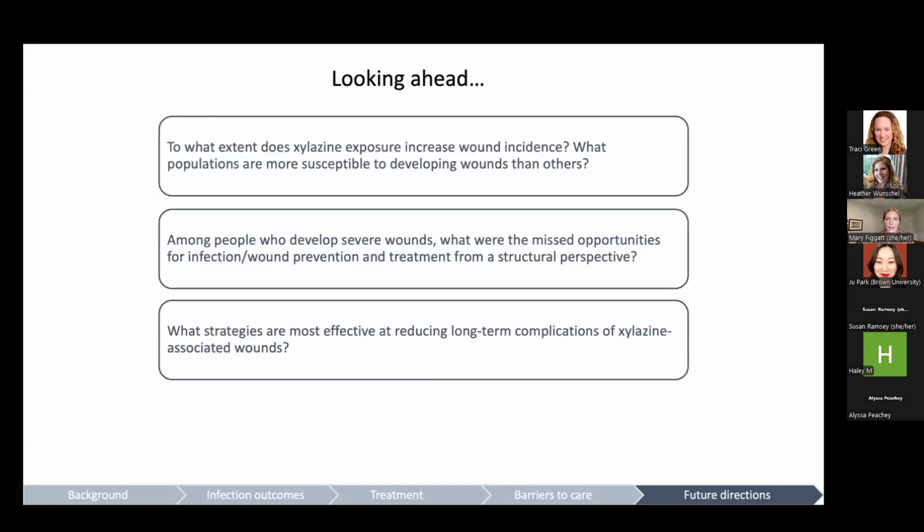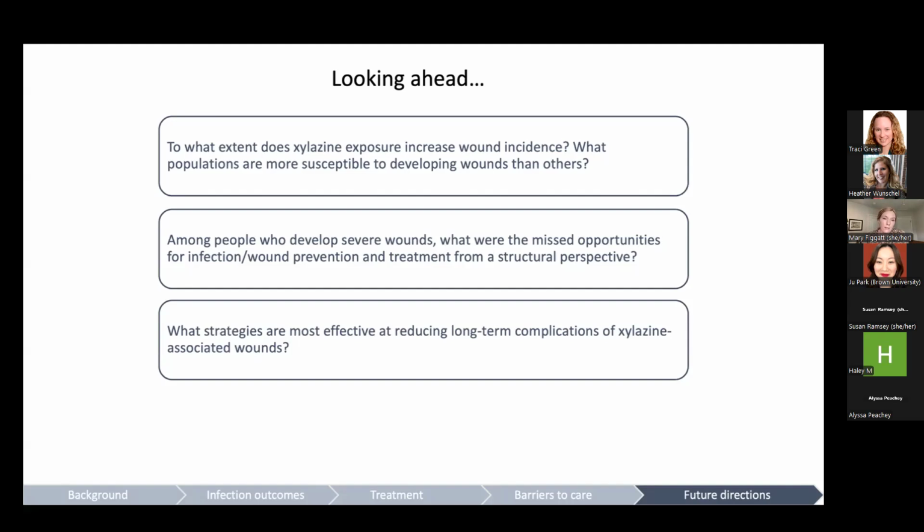So just looking ahead, I wanted to acknowledge that a lot of this work was done at the time of the COVID-19 pandemic or even earlier than that. And so things have really evolved since then. I'm sure all of you are very well aware that the changes to the drug supply, and specifically xylazine, have introduced a whole lot of new concerns that people are facing with these really severe wounds.